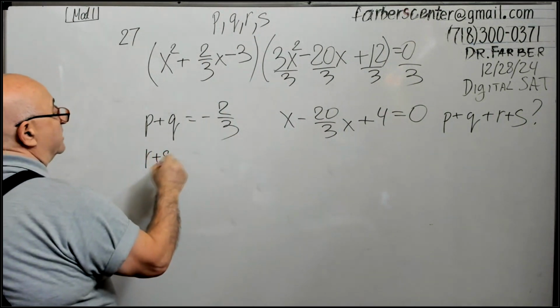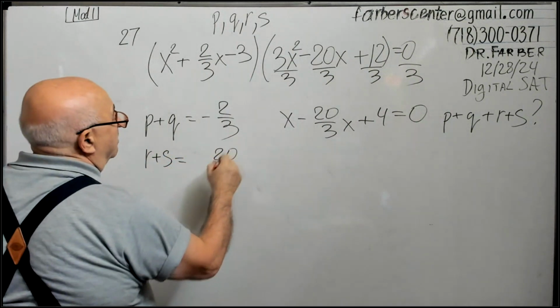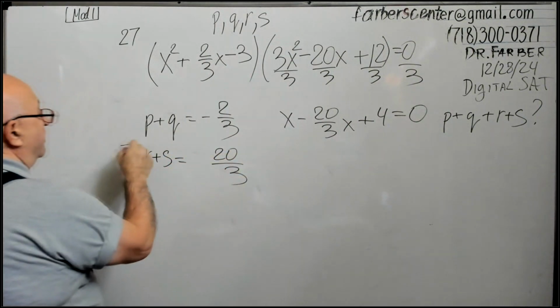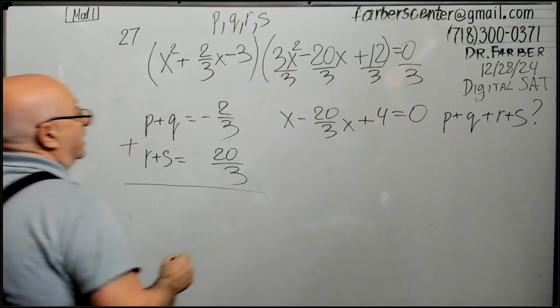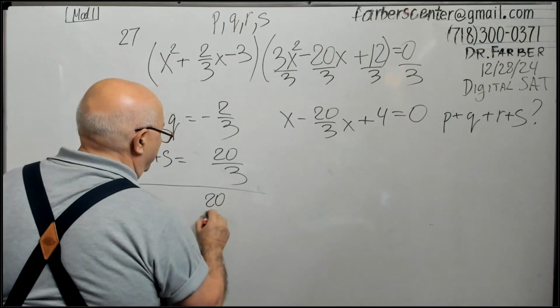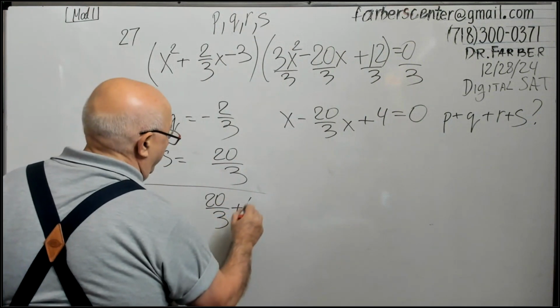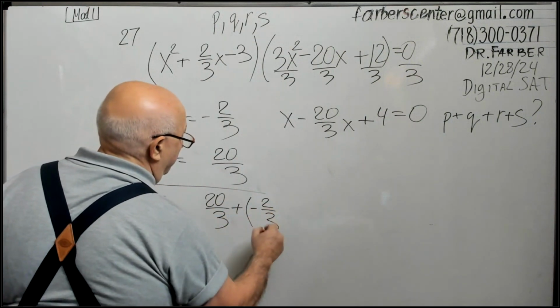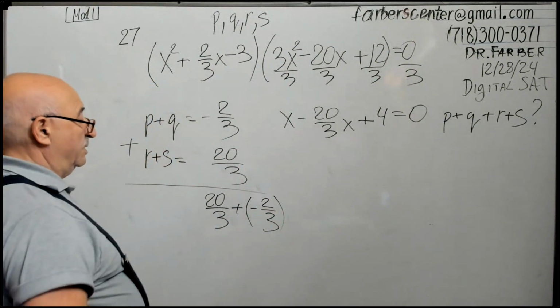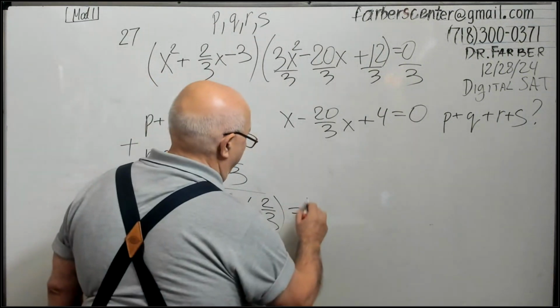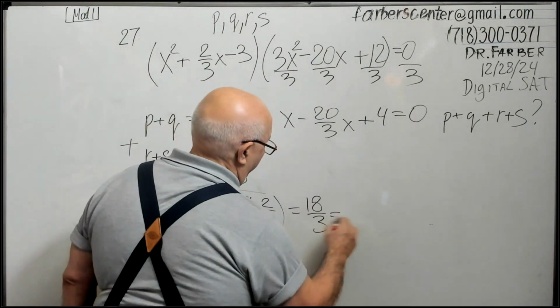R plus S equals 20/3. Add them up to get this total. What I get? I have 20/3 plus -2/3. It's the same as subtraction. 20 minus 2 is 18 over 3, which is 6.